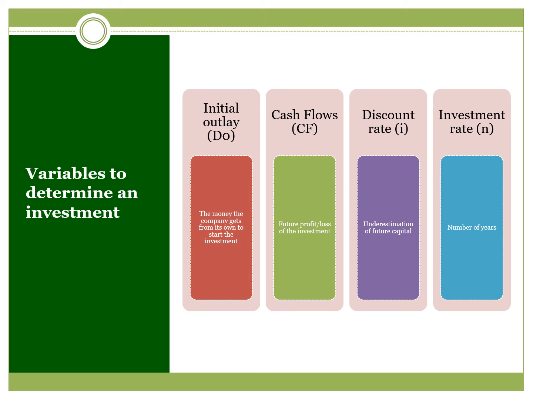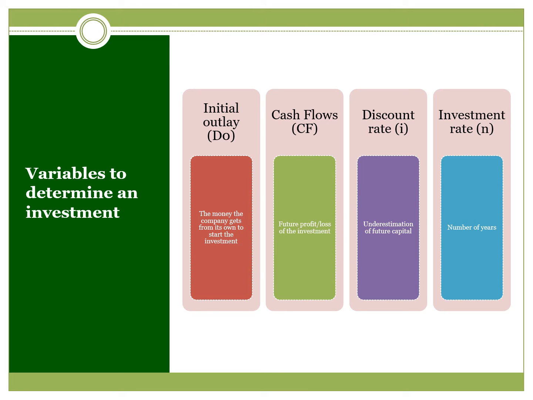Probably you're saying 100 euros today, because we all know that the capital loses value with the time. So the same amount of money in the future will not allow you to buy as many things as now. And this thing that we know by common sense and by our own experience has an economical name. It's the underestimation of future capital.